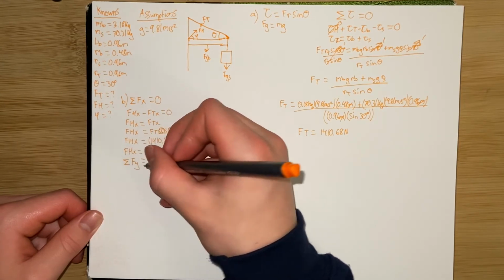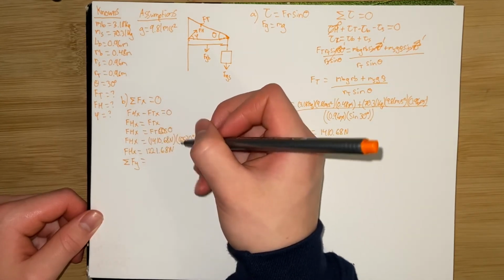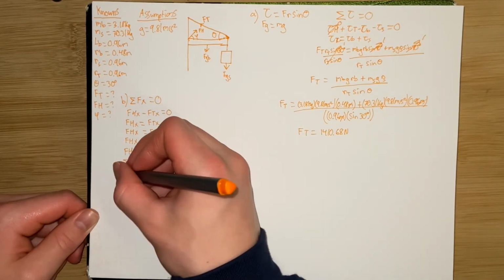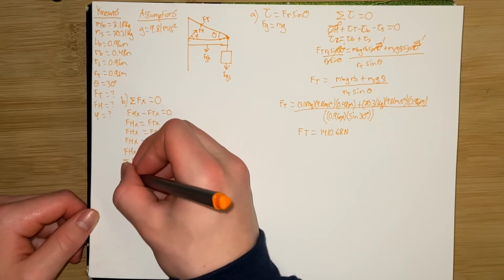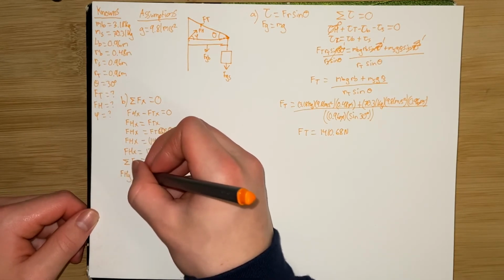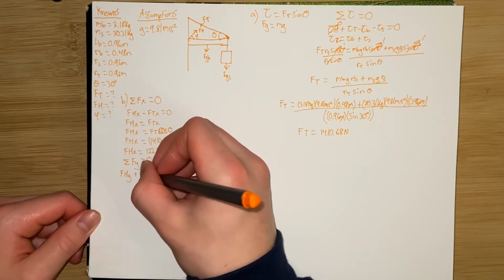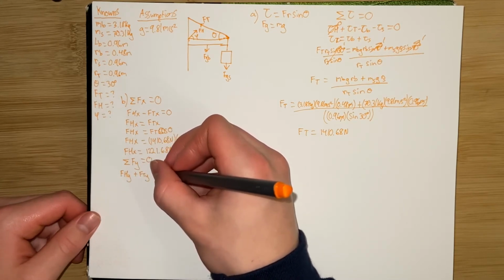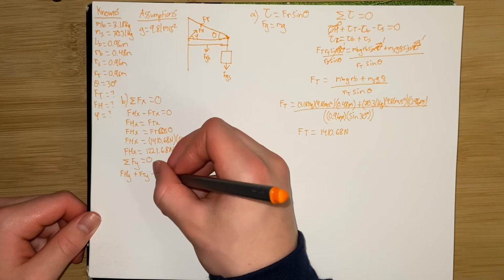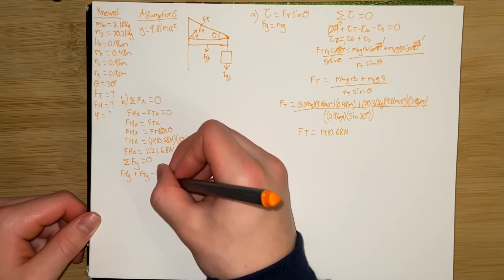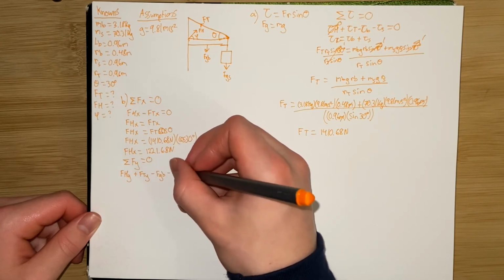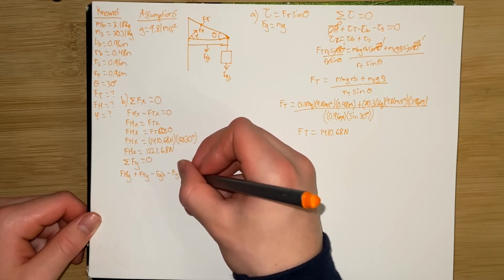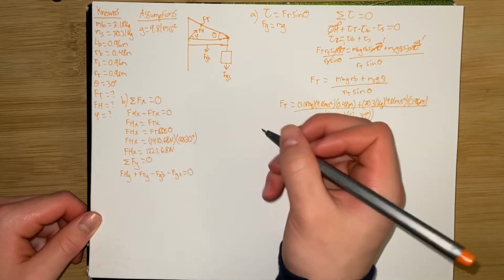And again, static equilibrium will be equaling 0. So force of the hinge in the y direction plus force of the tension in the y direction minus force due to gravity of the beam minus force due to gravity of the sign is equal to 0.